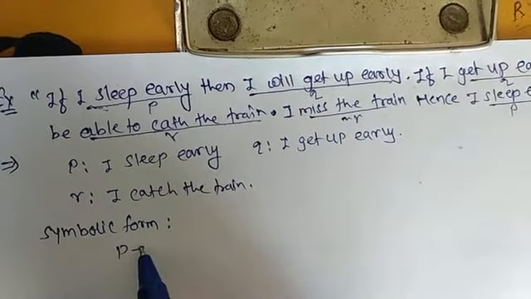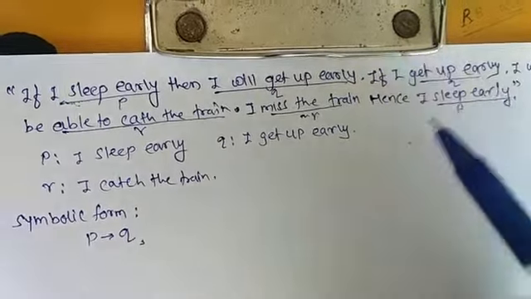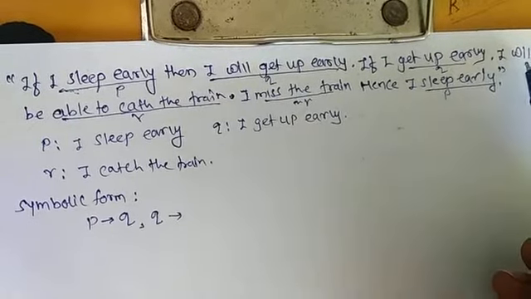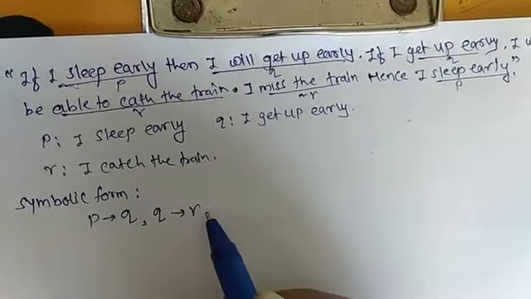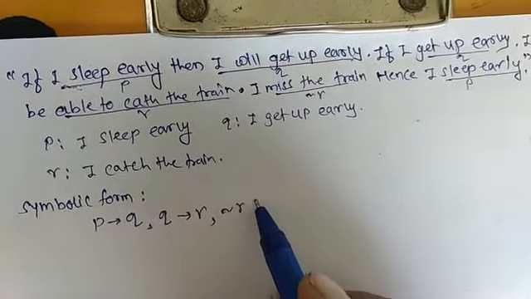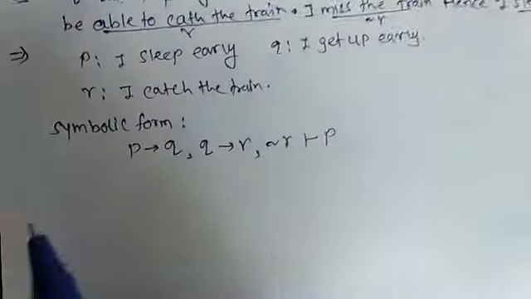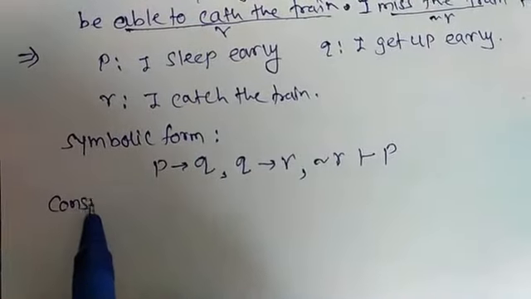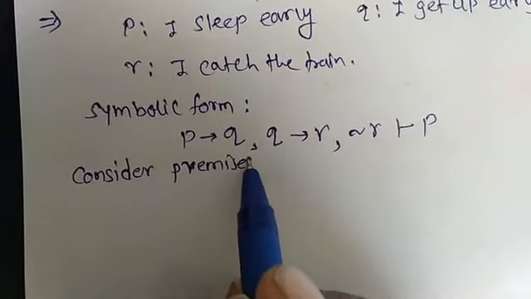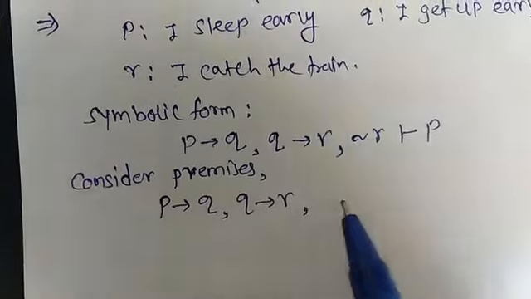So first it is P implies Q, comma, if I get up early, I will be able to catch the train, which is Q implies R. I miss the train is negation of R, and hence the conclusion, I sleep early, is P. So consider the premises: P implies Q, comma, Q implies R, comma, negation R.